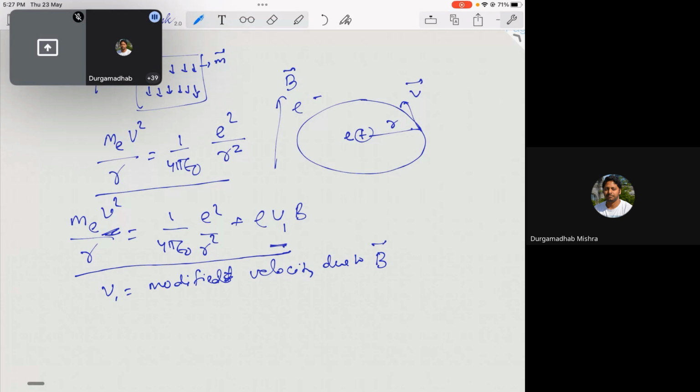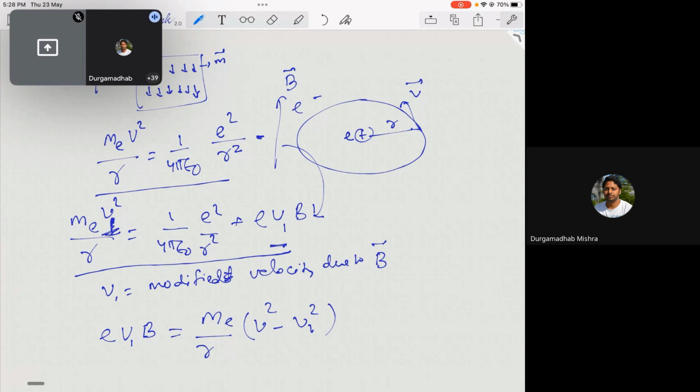If we substitute this equation here, we can write down that eV1B will be equal to m_e divided by R times V square minus V1 square. I should write V1 here.